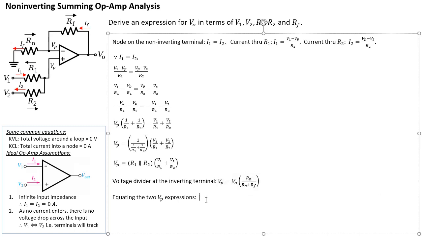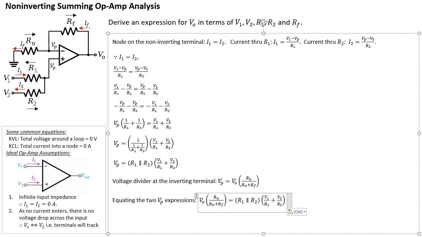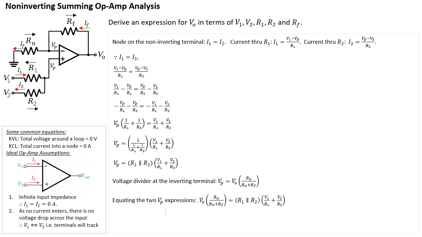Put that one on the left. Is going to be equal to all of these, which will be on the right of my new equation. All right. So equals to all of that. All right. Okay. So now I just need to put Rn over Rn plus Rf across to the other side to finally form what VO should be.